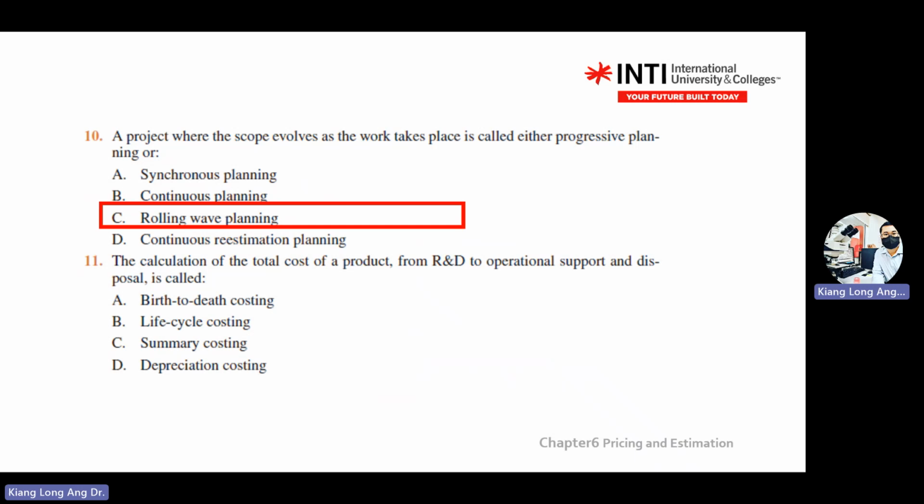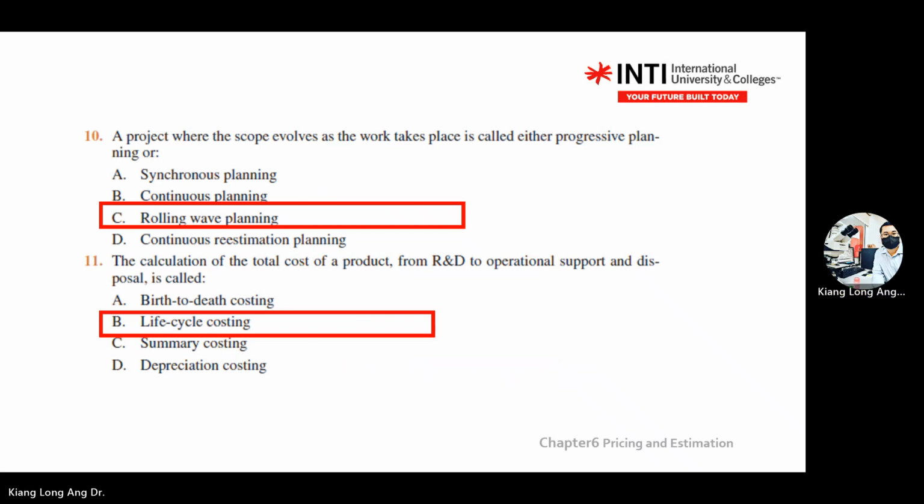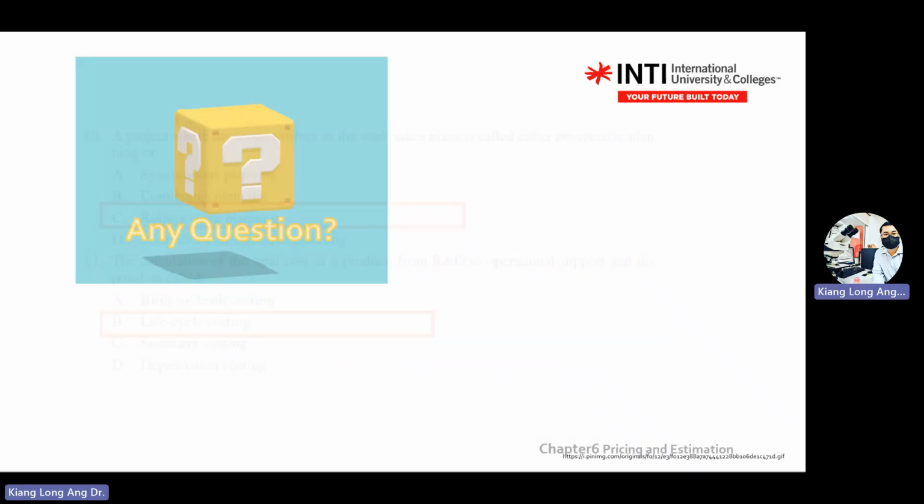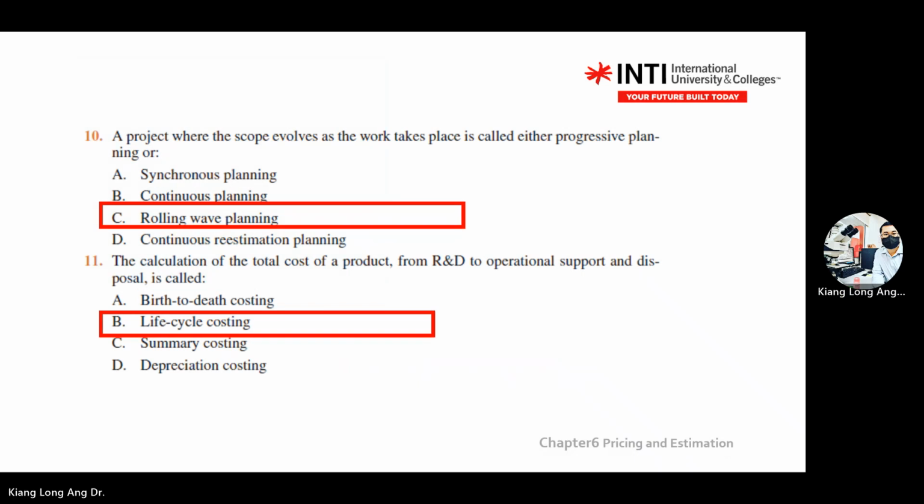This one we also touched on yesterday. We learned about life cycle costing, LCC. LCC means from the start until you dispose of the things. Okay, with this we conclude chapter 6.